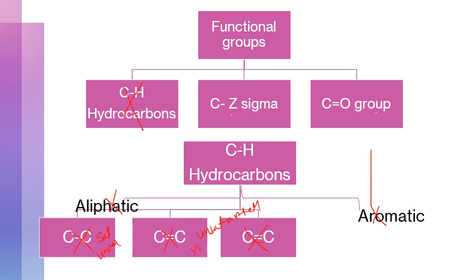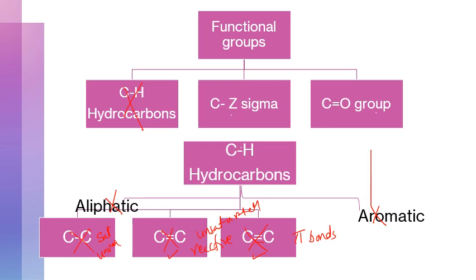Both are reactive. The reason for that is the presence of double bond and triple bond, the structural features of pi bonds. Both contain pi bonds, so the presence of pi bond makes it reactive.